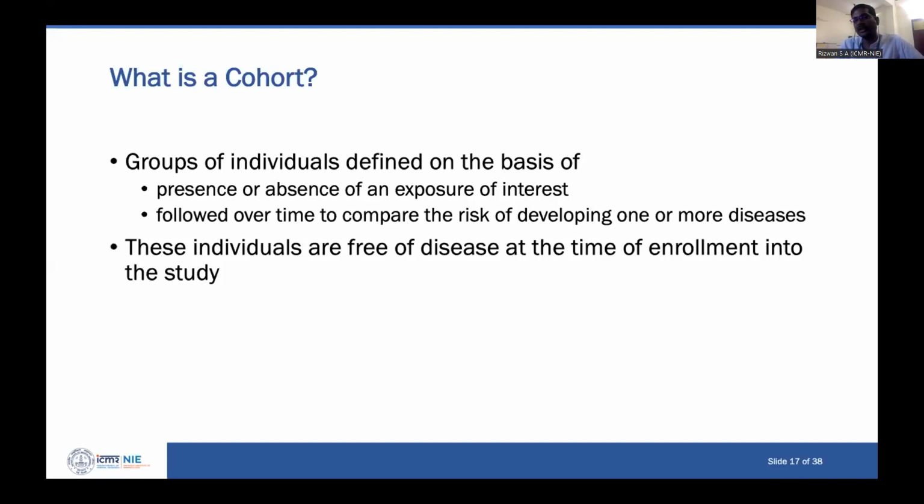You are going to see over time how many people in your cohort developed that condition or disease. So these are the two important preconditions to set up a cohort: individuals are defined on the basis of presence or absence of the exposure, and they are followed up over time to see the development of diseases.